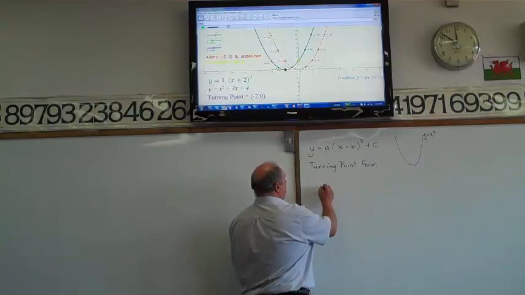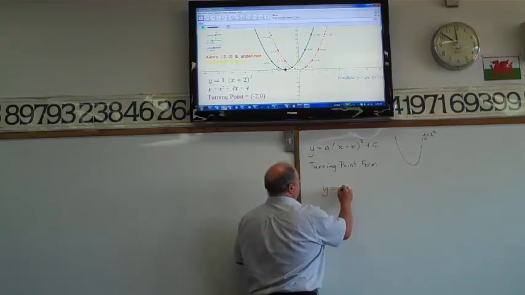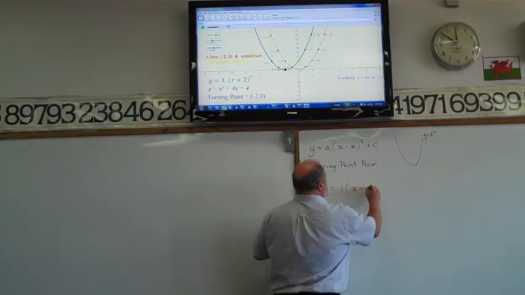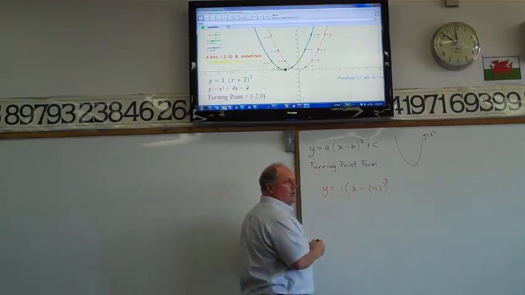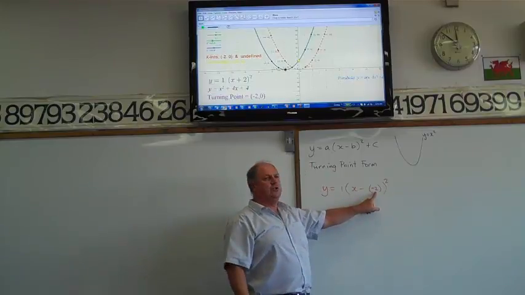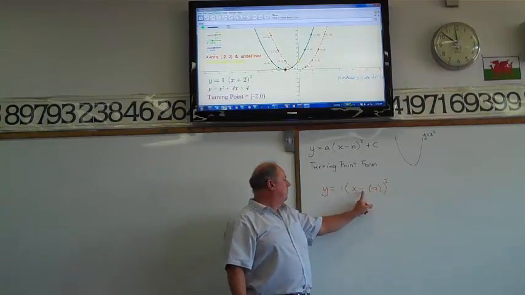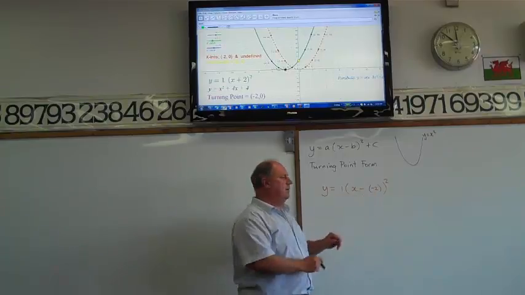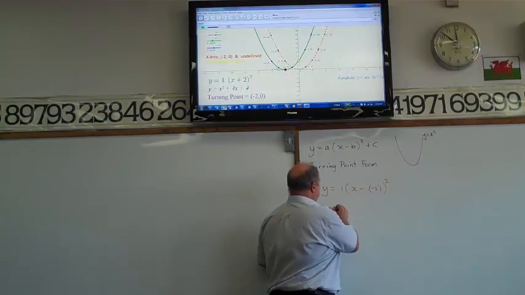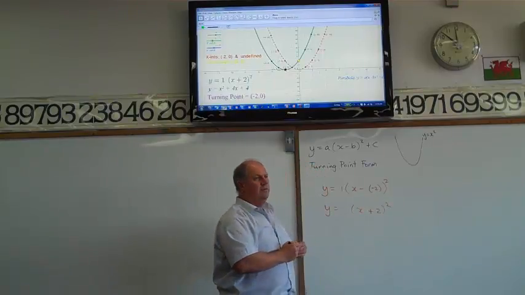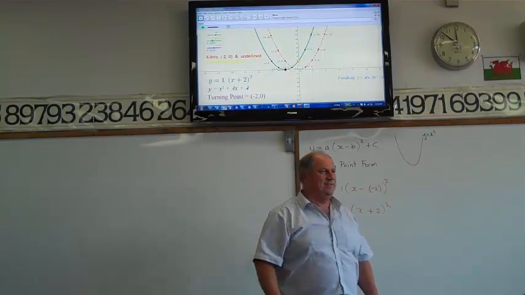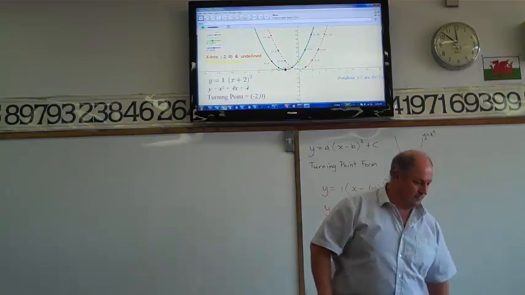The rule we're drawing here is this. We're putting -2 in. What's minus make? So this becomes y equals x plus 2 squared. So we just do the opposite of what I said. That's why I said it's a bit trickier.